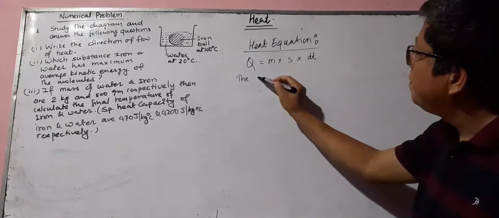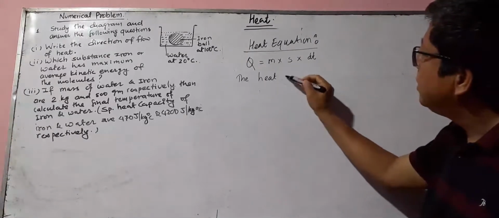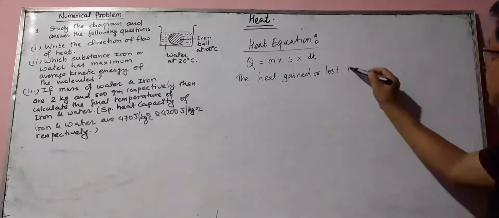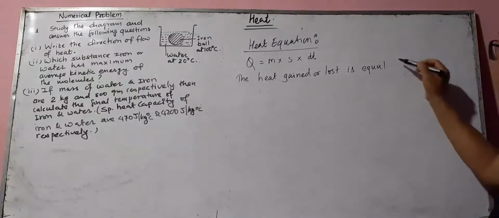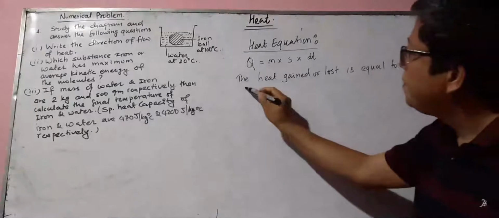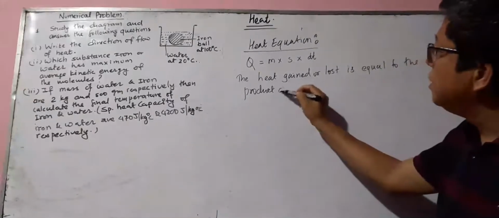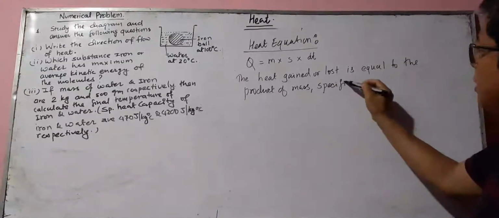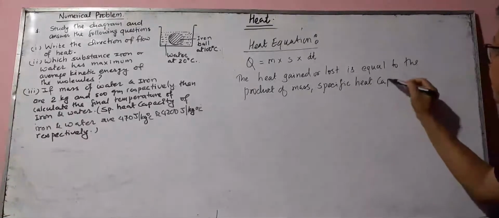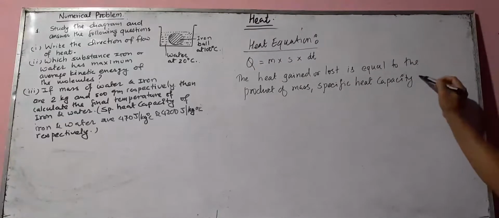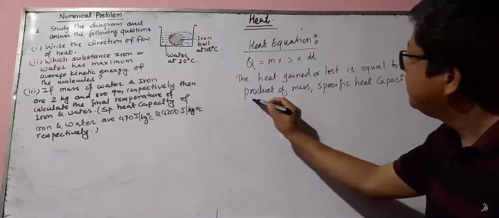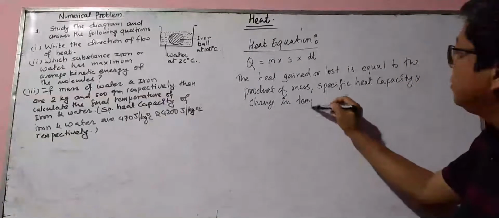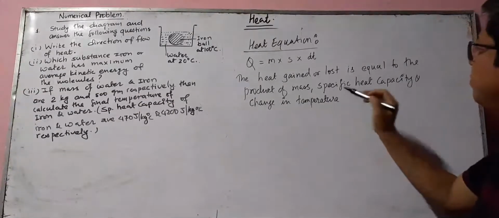So the heat gain or lost is equal to the product of mass, specific heat capacity, and change in temperature.